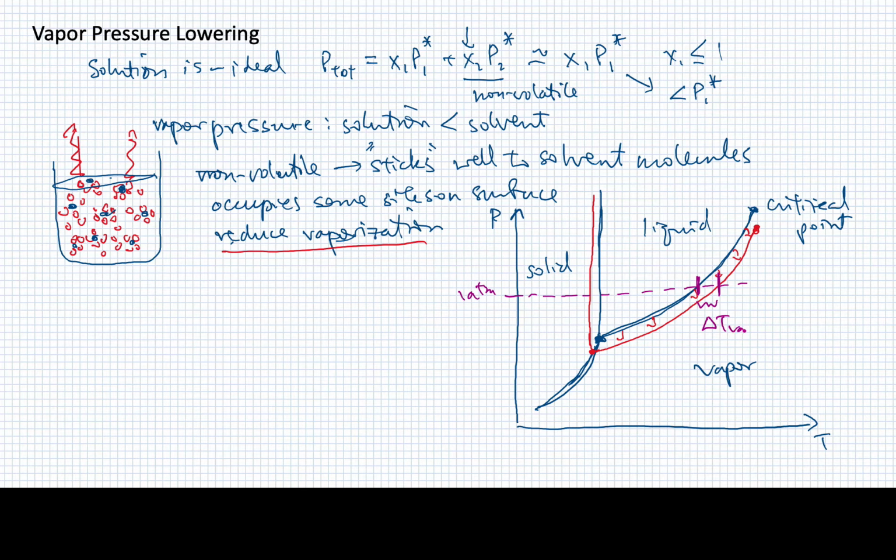This is the change in that boiling point, and you'll notice that it is elevated above the pure boiling point, which is over here. So the fact that vapor pressure was lowered actually accounts for that. We can also think of this in terms of the fact that when you lower the vapor pressure, you have to raise the substance to a higher temperature in order to get it to achieve a vapor pressure of 1 atmosphere, which would represent its normal boiling point.